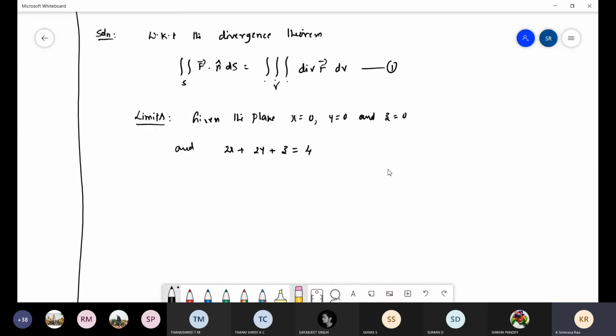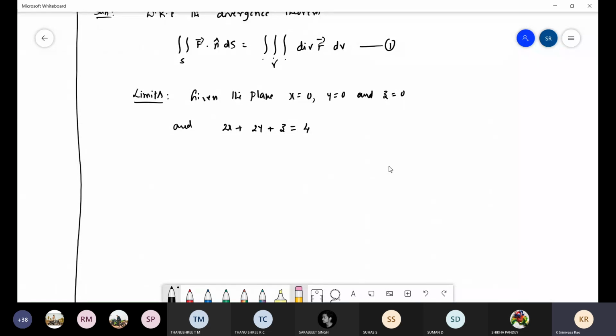So take down z is equal to 0 to, lower limit 0 to what? What is z equal to in this expression? Anyone? z equals 4 minus 2x minus 2y. Very good. This is the upper limit of z. Okay. Lower limit is 0 and upper limit is 4 minus 2x minus 2y.